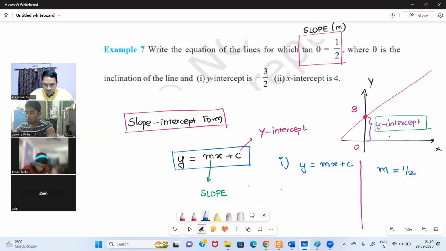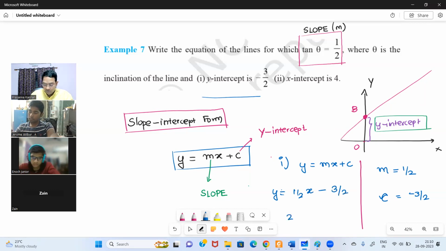And what else is given to you? Y-intercept is given. Which means what is directly given to you? c. Yes. c is called the y-intercept. So c is your minus 3/2. So directly you can write the equation. So it is y is equal to, what is m? Half x minus 3/2.